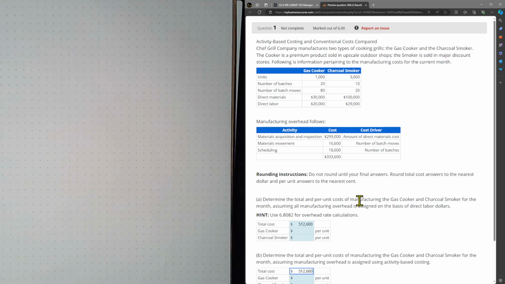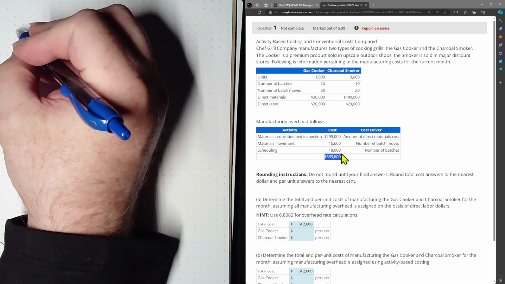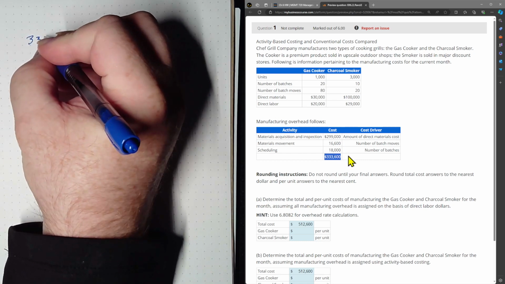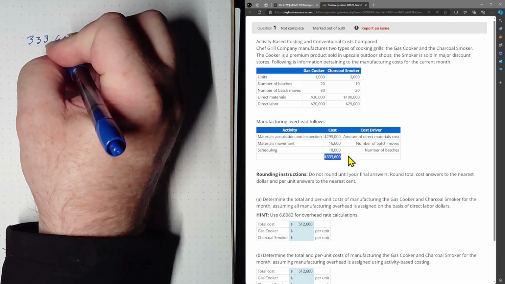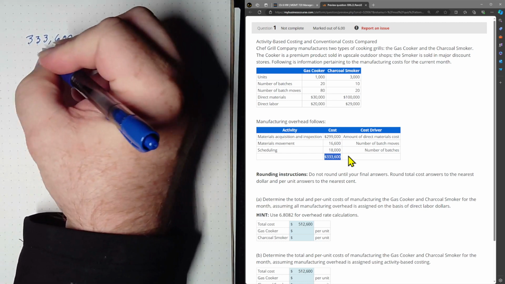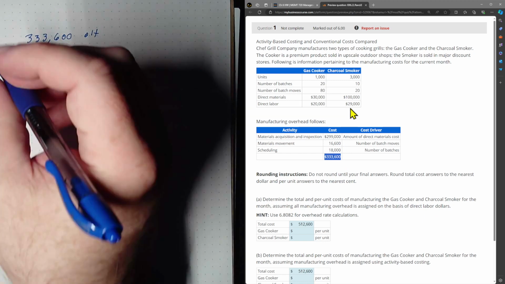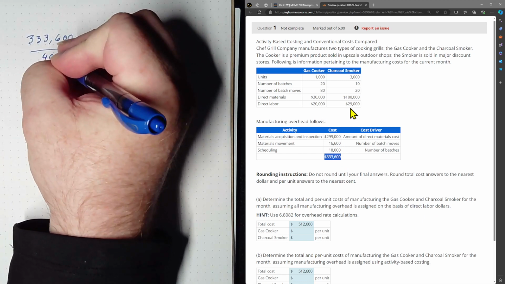So if we do it on the basis of direct labor dollars, we're basically going to take the 333,600 total overhead divided by the total number of, okay, it's not even direct labor hours, it's direct labor dollars. So the total labor dollars is 20 plus 29, or 49,000.